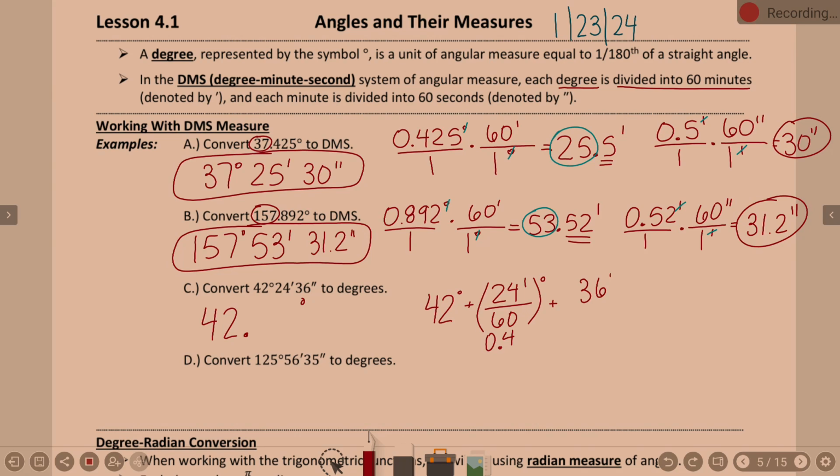It's 36 seconds. We're trying to get it to degrees. You have to divide.